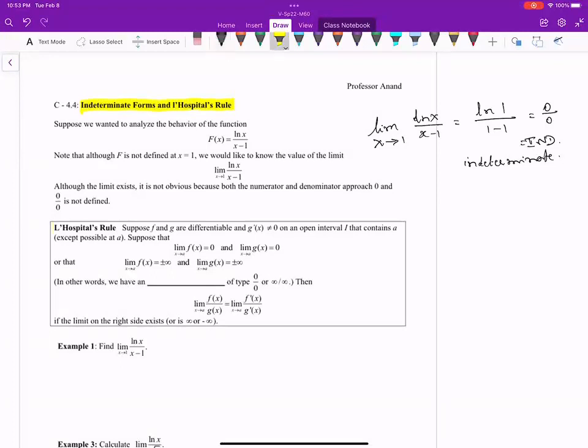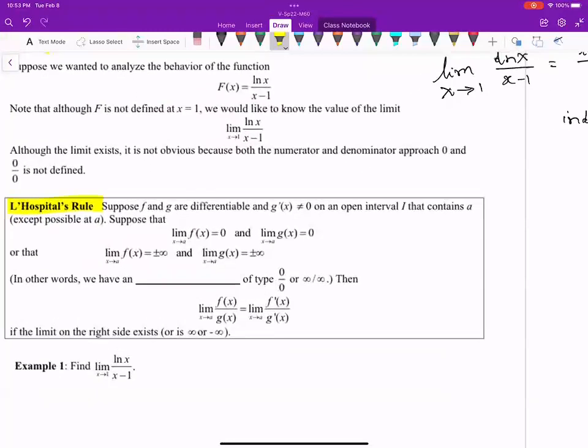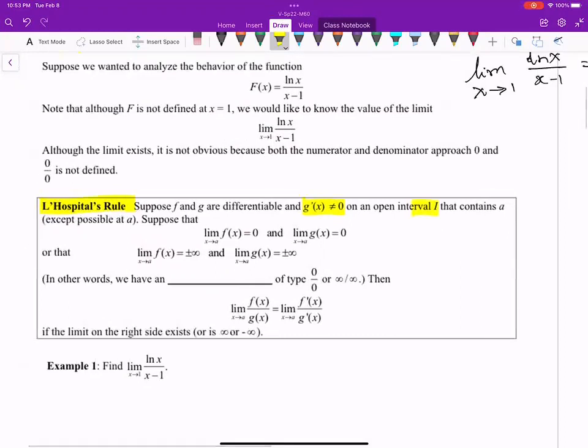L'Hopital's rule for quotients. Suppose f and g are differentiable and the derivative of g of x is not equal to 0 on an open interval I that contains a point a, except possibly at a. Suppose that the limit as x approaches a of f of x equals 0, and also the limit as x approaches a of g of x equals 0, or that the limit of f of x is infinity or negative infinity, and the limit of g of x is infinity or negative infinity.